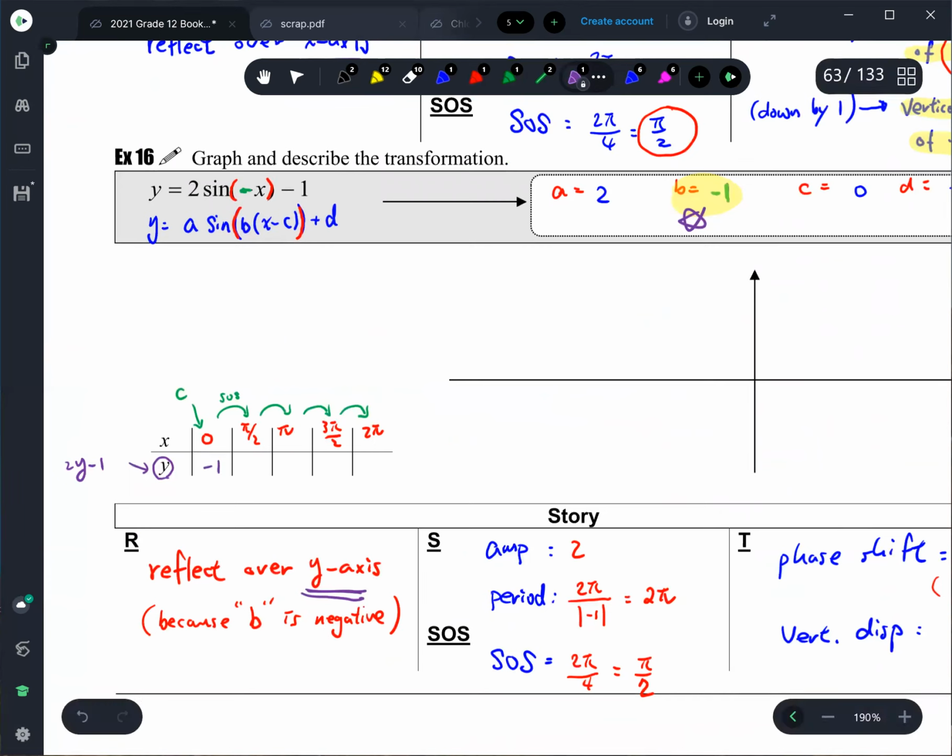And then 1, minus 1, minus 3, and minus 1. Okay, very good. The basic should be 0, 1, 0, -1, 0. So you use those to get the y. Any questions so far?